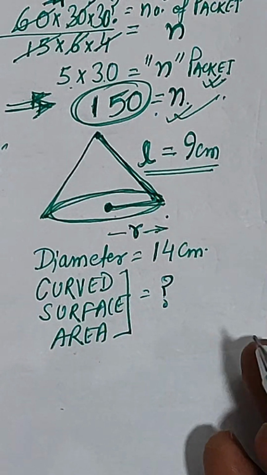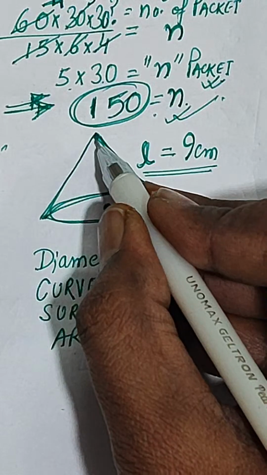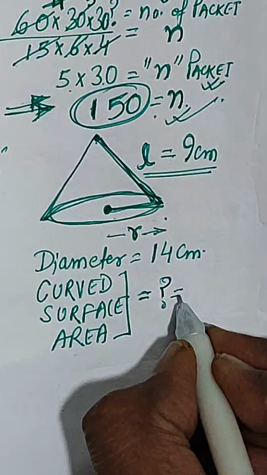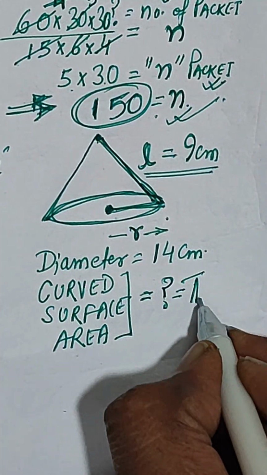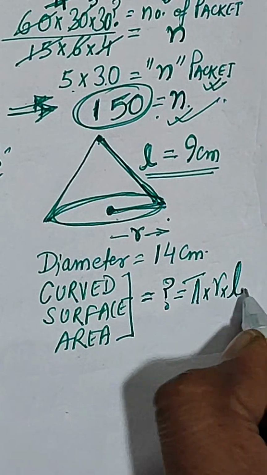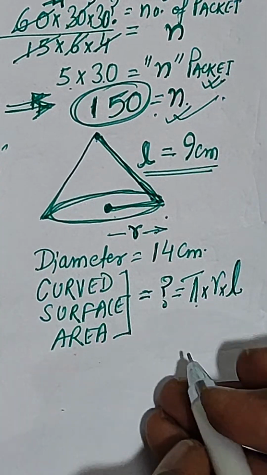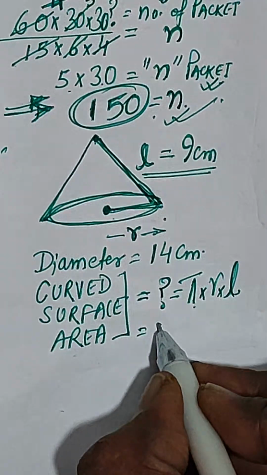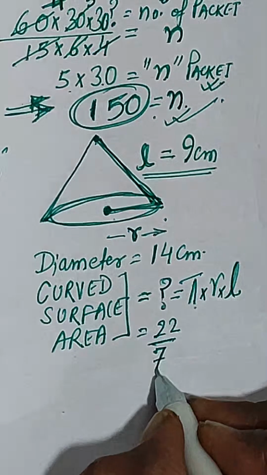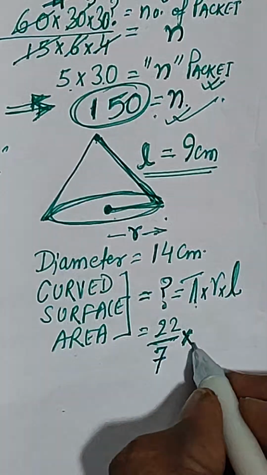Curved surface area can be easily calculated. For any cone, the curved surface area of the cone is nothing but pi multiplied by r multiplied by L, pi RL. We know the value of pi; let's say I'm not using 3.14, I'm using 22 by 7. We can use that one also.